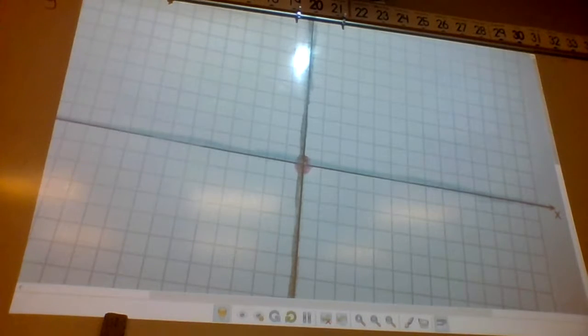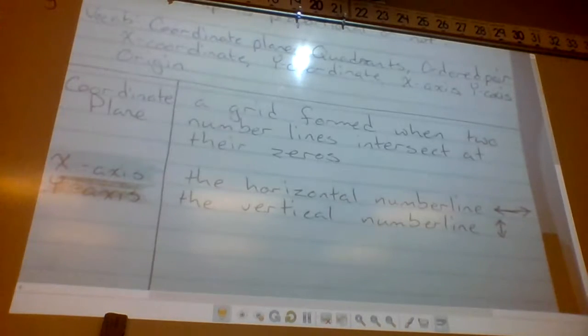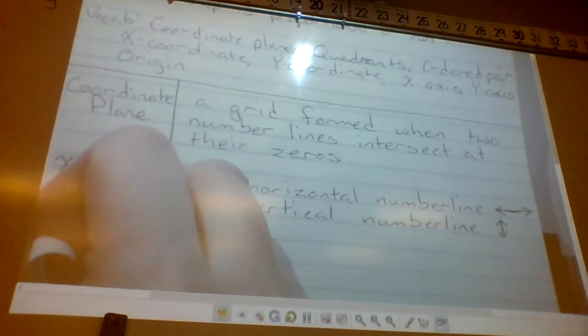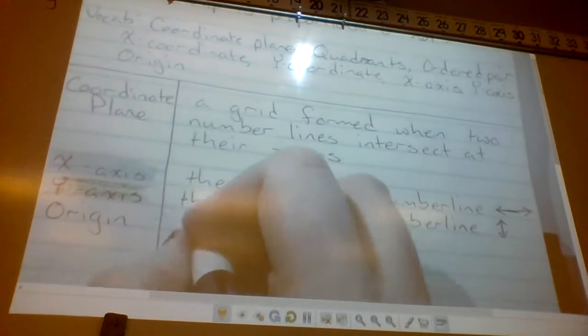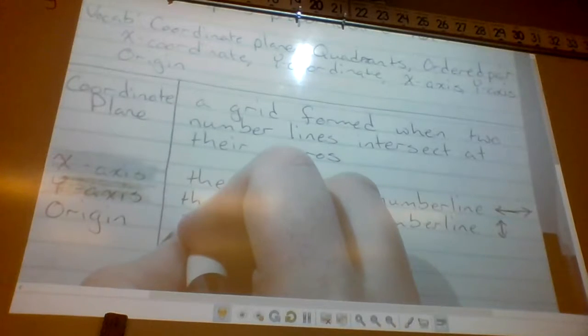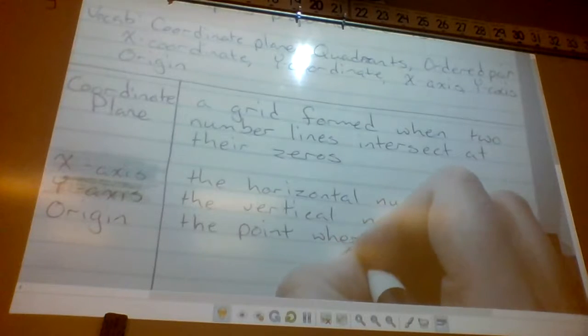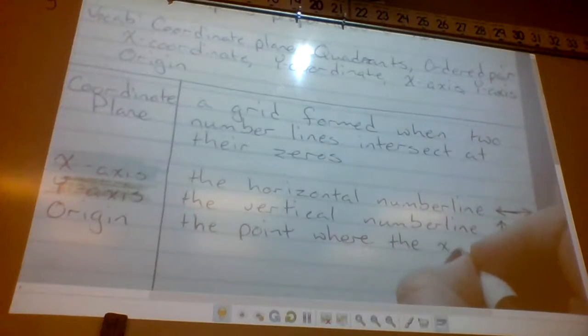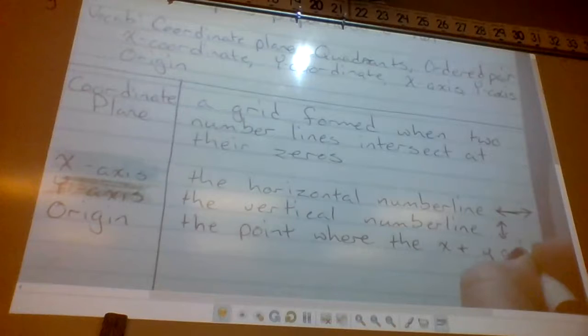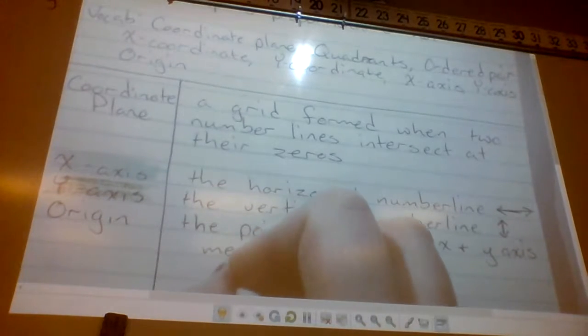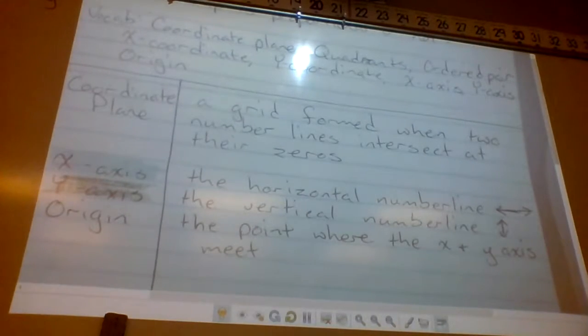What is another word for a starting point? It is in the vocab, but it's not quadrants. The origin. That is the point where the x and y axes meet.